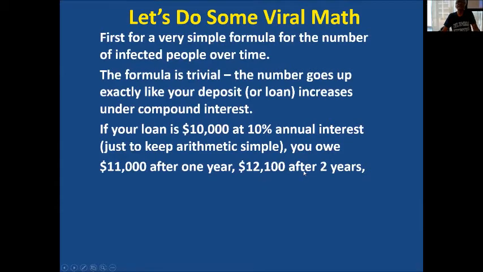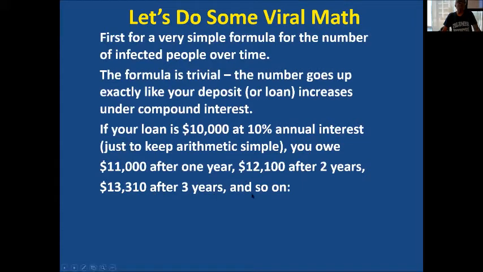It's a crucial element of compound interest that you all may have had to learn in 9th grade and thought that you could forget for the rest of your life. But it comes in with virus propagation. And after 3 years, instead of 12,100, it's now 13,310. So you basically have to take $12,100, take 10% of that, add that, and you get 13,310.